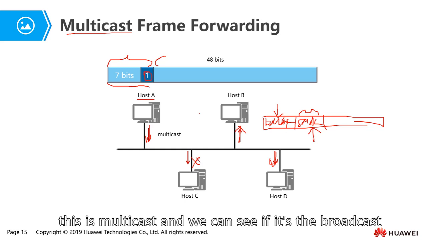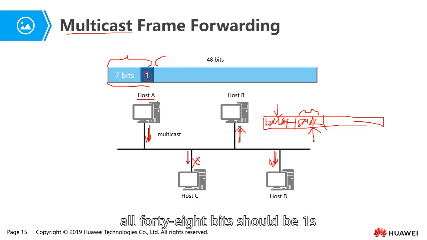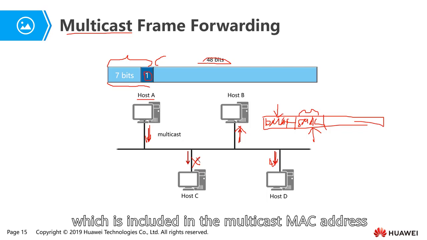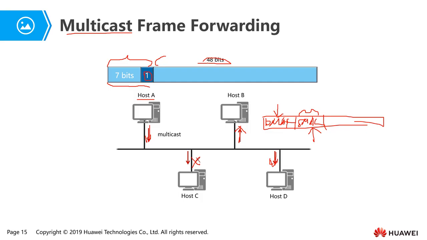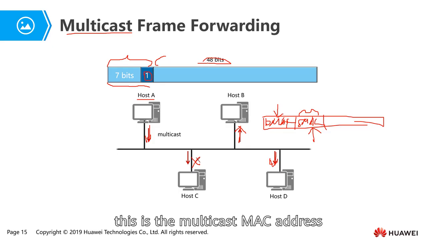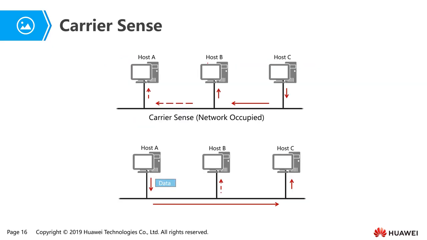And we can see the broadcast is where all 48 bits are 1s. So broadcast is a special value included in the multicast MAC address. This is the multicast MAC address.